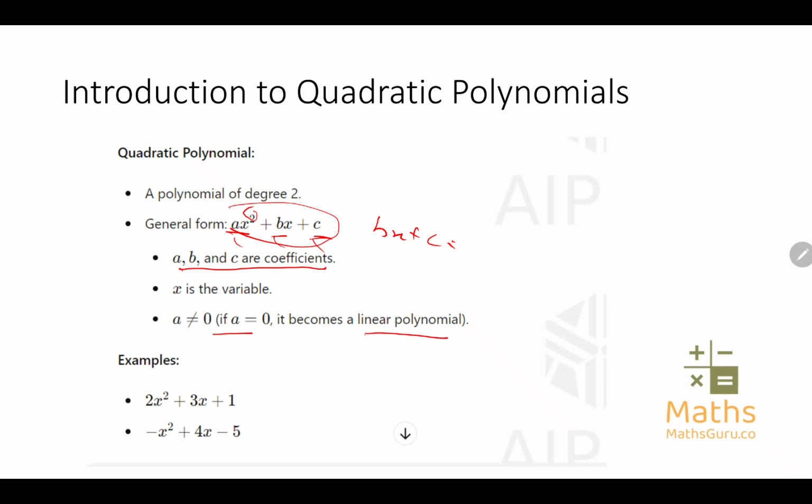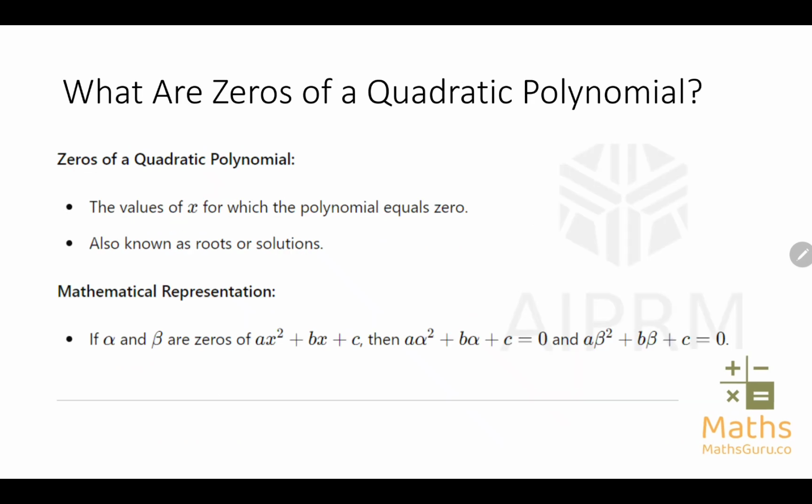A few examples are 2x square plus 3x plus 1, and minus x square plus 4x minus 5. When we say zero of a quadratic polynomial, we mean any value of x which, if I put it in, makes the whole equation 0.